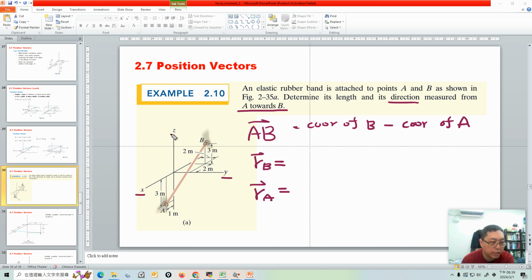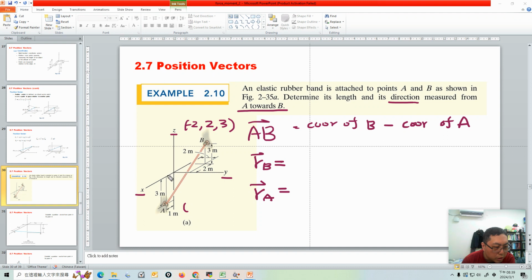Looking at point B, its coordinate looks like X is -2, and it's very hard to see, so -2, 2, 3.